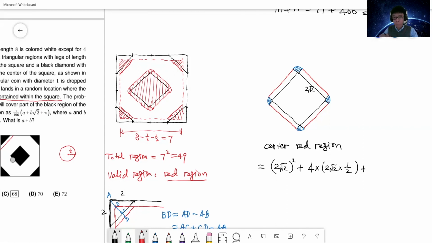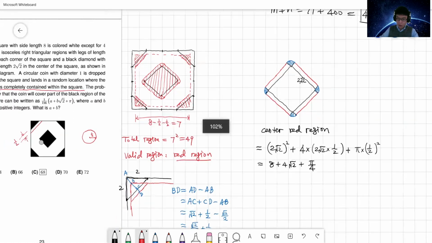The third part is the 4 sector regions. They make up a complete circle, so this is pi times 1/2 squared. That's the total area in the center. This is 8 plus 4 root 2 plus pi over 4. That's the center red region.